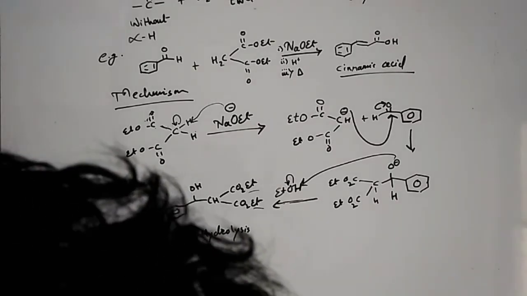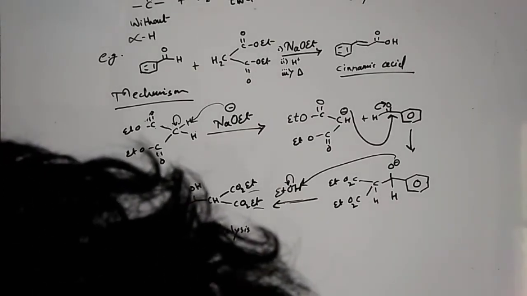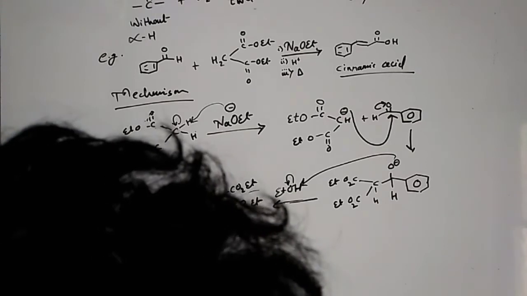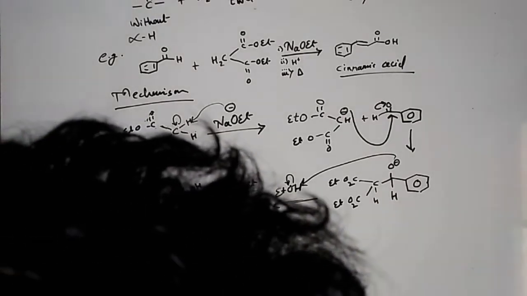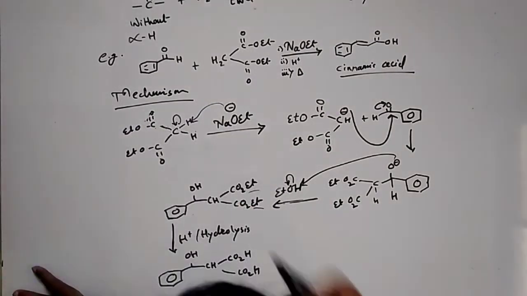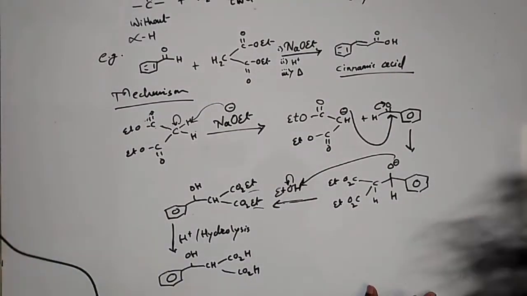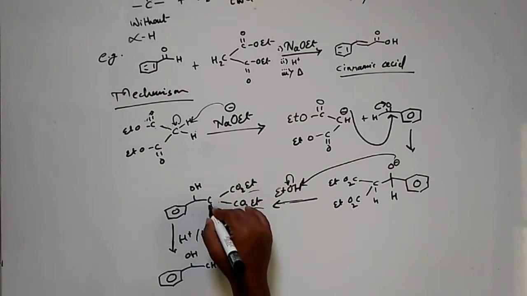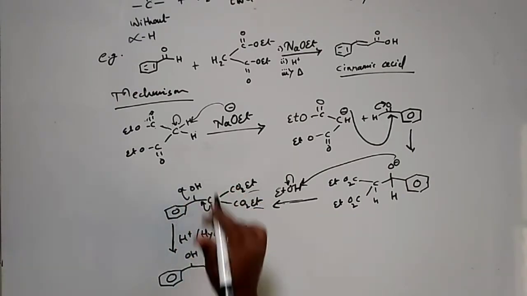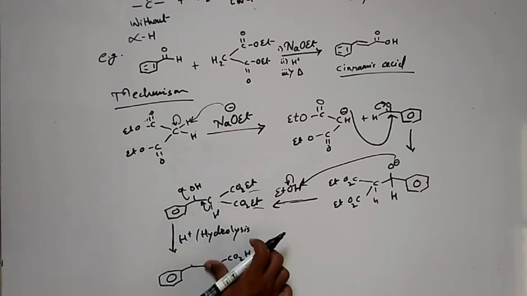So you are getting OH, CH, CO2H and CO2H. But before this hydrolysis, there is one intramolecular reaction that takes place, which makes this go out, and here is what you have.